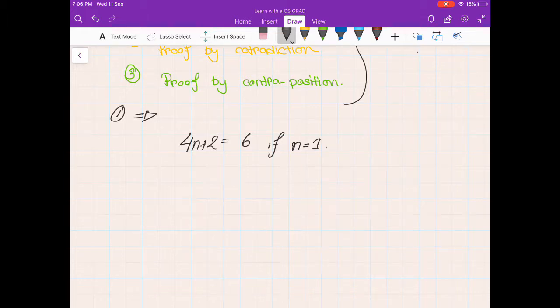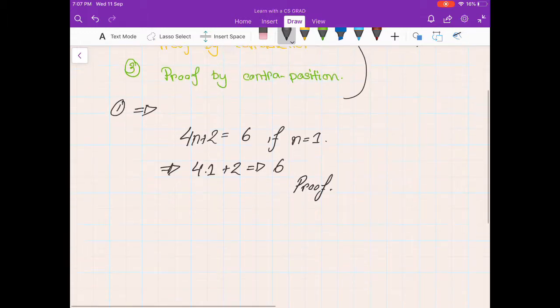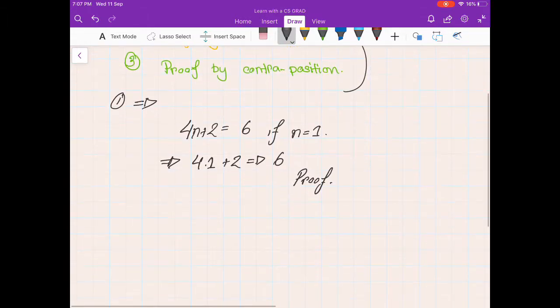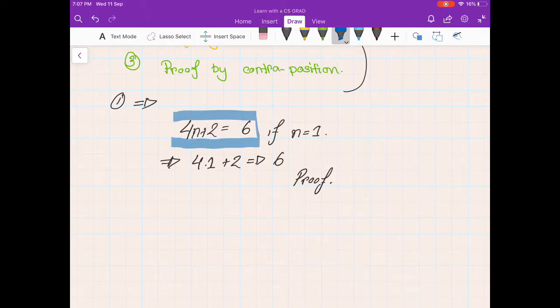With your basic knowledge, you put 1 here and plus 2, this equals 6. So this is the proof. Using the information that you have and your general knowledge of algebra, you can directly prove the statement asked by your question, right? So let's move on.